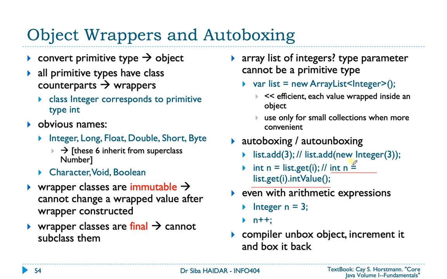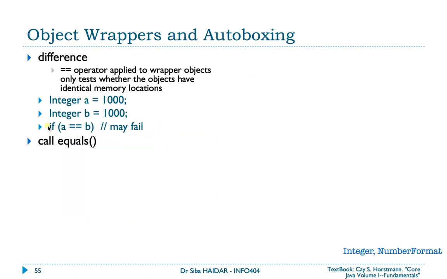So this is very convenient and you can use this without thinking. But you must remember these two properties: the wrapper classes are immutable and they are final. So what is the difference? The difference is that an object does not have the equal operator to compare the state.